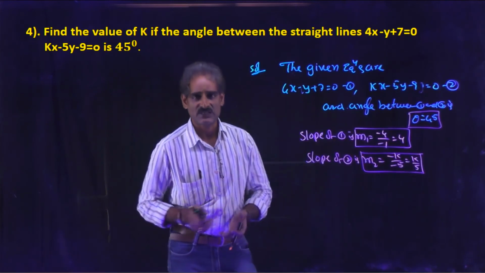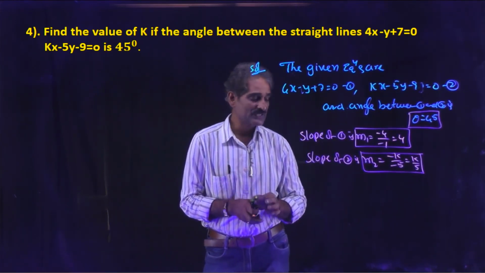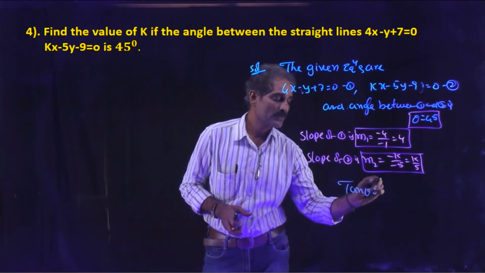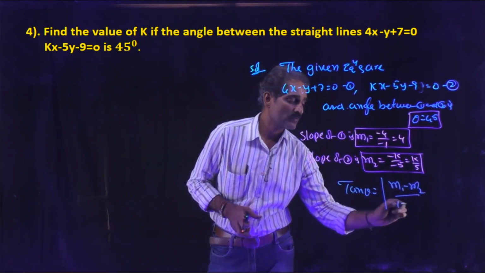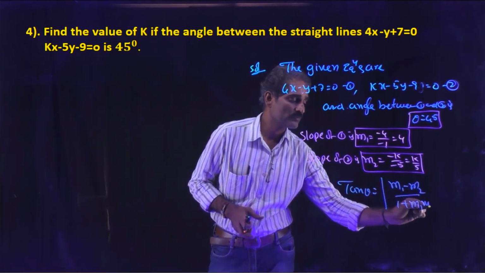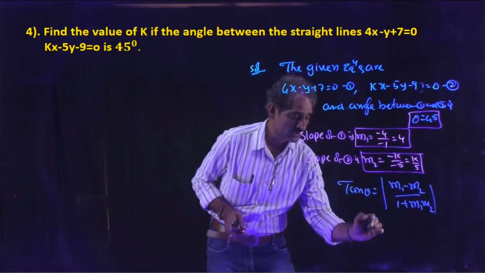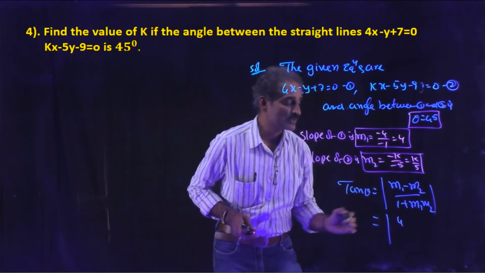Just write the formula, tan theta is equal to modulus of m1 minus m2 by 1 plus m1 m2. Just substitute the m1 and m2 values. m1 is equal to 4, m2 is equal to k by 5.